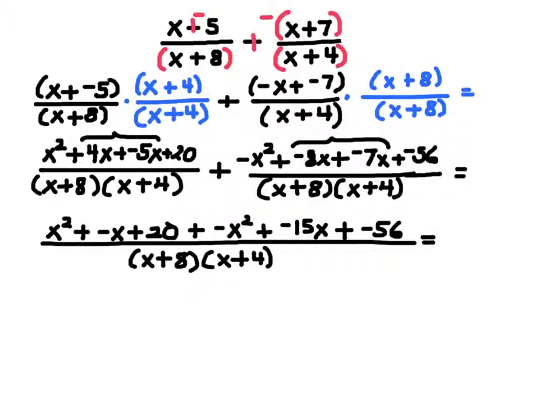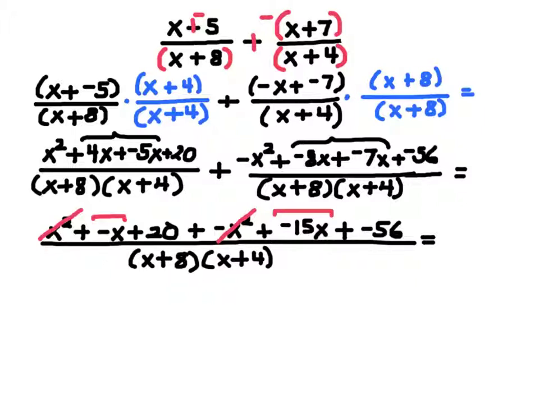And so what we want to do now is, if we look at this, we can see that we have a positive x squared and a negative x squared. They cancel out. And I end up with a linear term here. We have a negative x and a negative 15x.